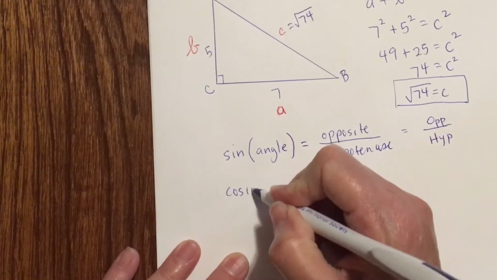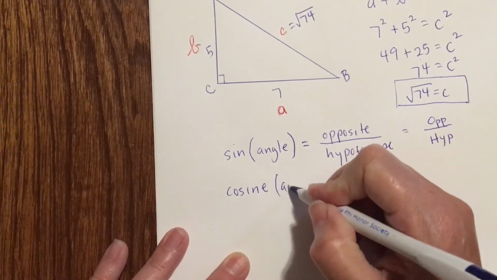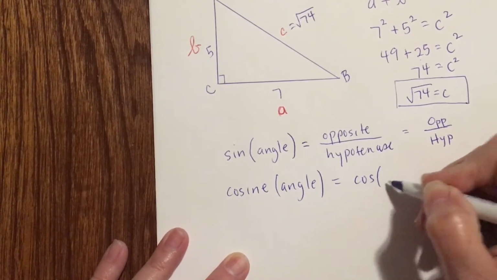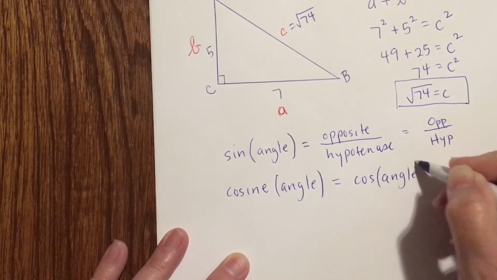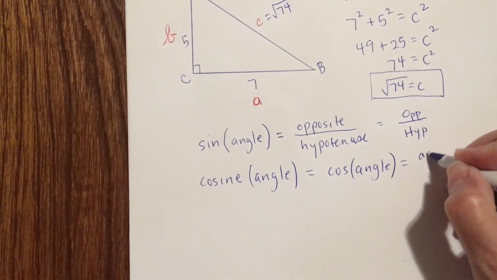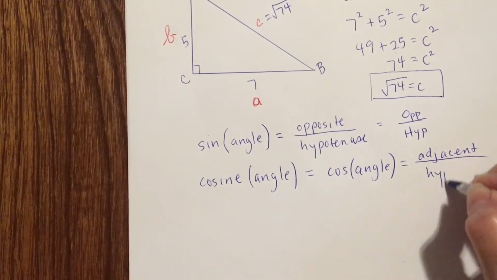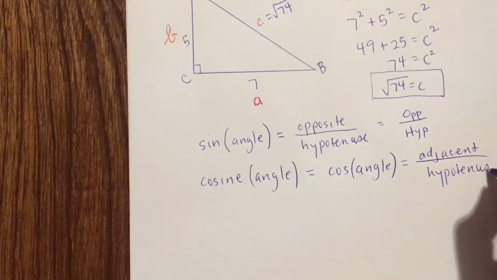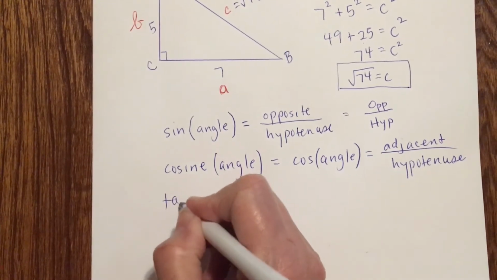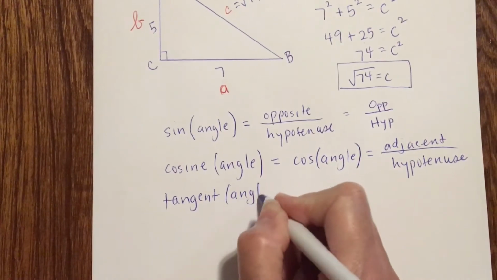The cosine, I went ahead and I wrote out the whole thing. Cosine of an angle equals, I'll abbreviate it this time, cosine of angle. The cosine is adjacent over hypotenuse. And then we have tangent. I went ahead and wrote out the word tangent of an angle.